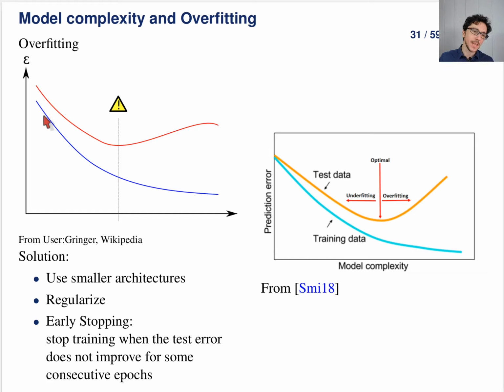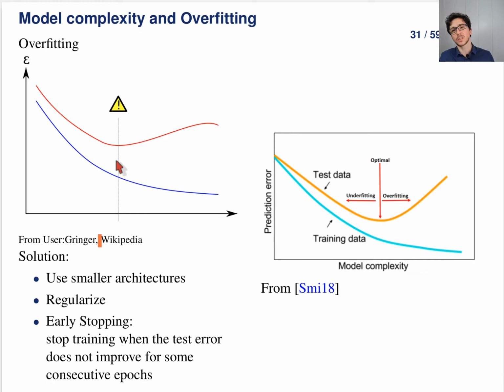As we go on with the epochs, of course, by gradient descent, you will adapt always better to the training set, and so your training error will decrease for sure. At the beginning, your validation error will decrease as well. But at a certain point, you start to overfit. So your network loses the capability of generalizing, and you see that your test loss starts to increase instead of decreasing.